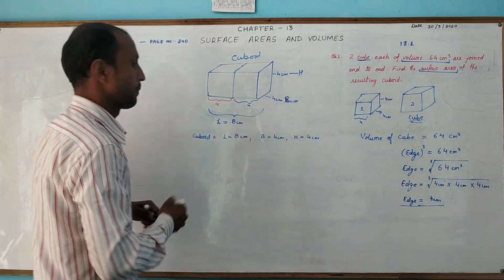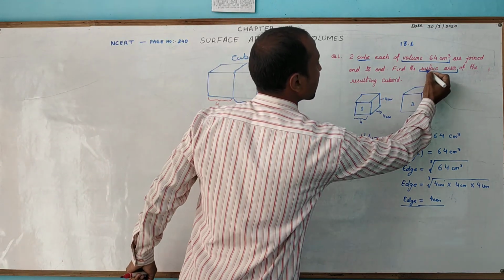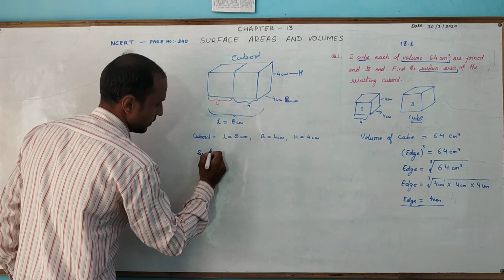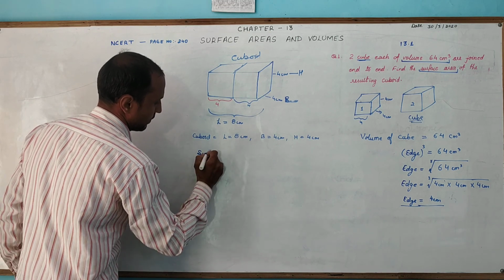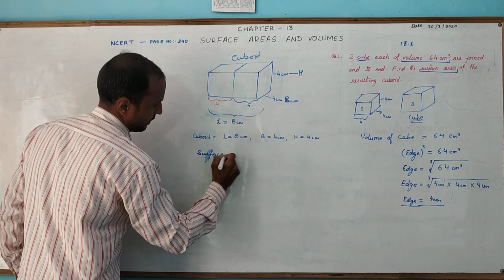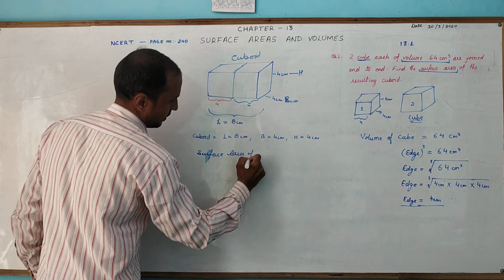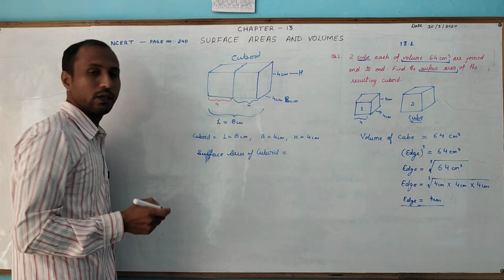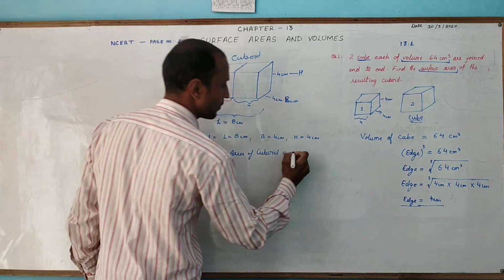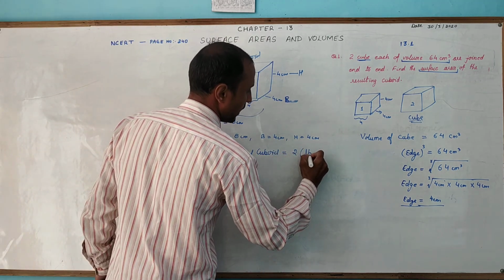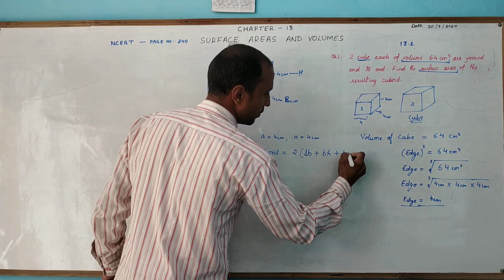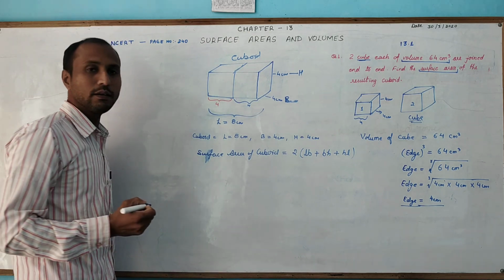Now we have to find out the surface area. So surface area of a cuboid, in the previous video I already told you that the surface area of a cuboid is 2 times length into breadth, breadth into height and height into length, that is LB, BH and HL.